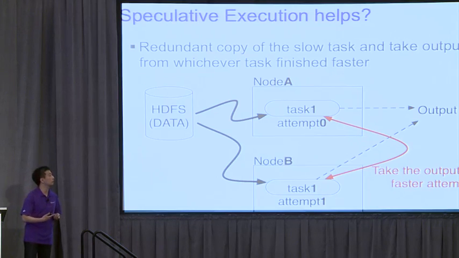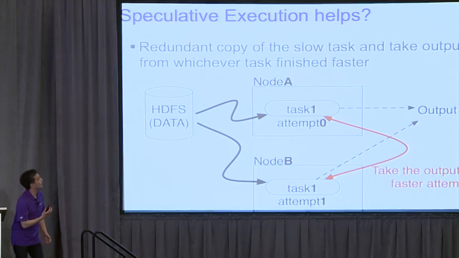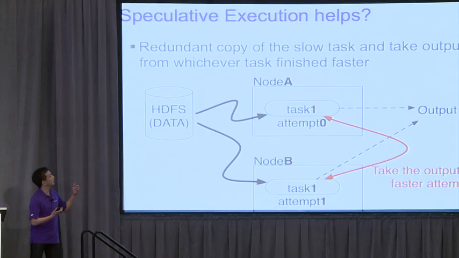That's speculative execution. And then the central scheduler would take the output from whichever task finishes faster. This works in most cases, but one case is, what happens if node A and node B are slow? Right? You're stuck. Both of the tasks will be slow.